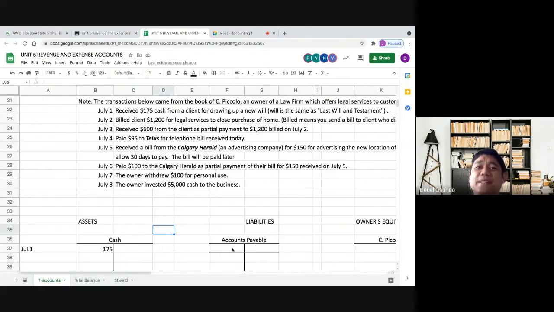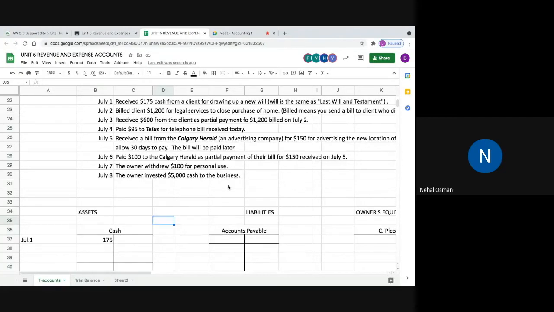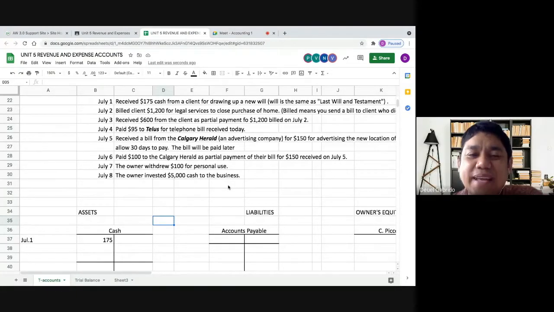Wait, I think this one, guys, is that the client did not owe you before. So let's just conclude that the client came to our place. Let's say we are the owner. The client came to our place, and after doing the service, they paid us cash. It's like a cash customer.